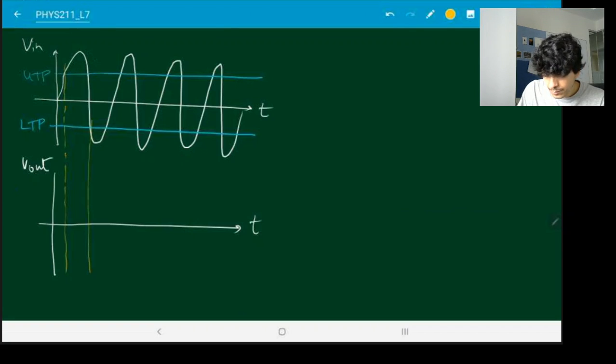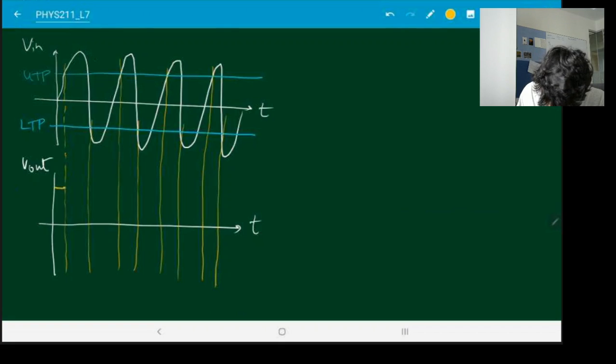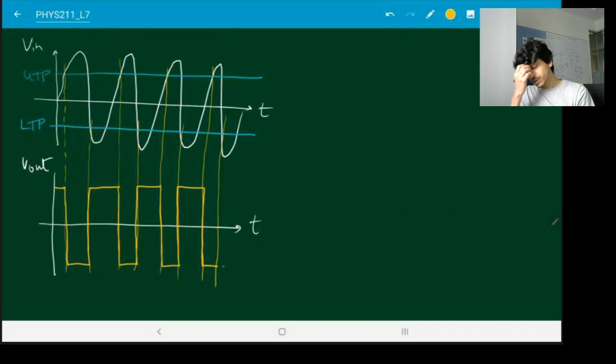Every time when you're decreasing, it will not trip at the UTP again, it will trip at the LTP. So it looks something like this. This is your Schmidt trigger output.